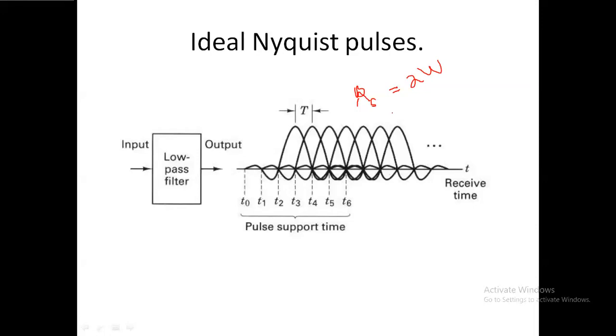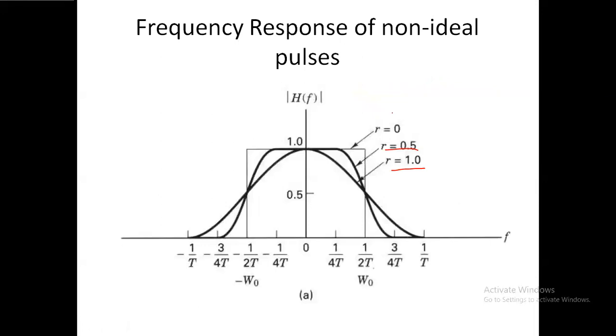So the Nyquist criteria can be achieved with the help of sync pulses, but in practice, we cannot generate ideal sync pulses because we are unable to create an ideal rectangular filter. So we have to choose some roll-off factor, and we have to sacrifice some bandwidth for this purpose.